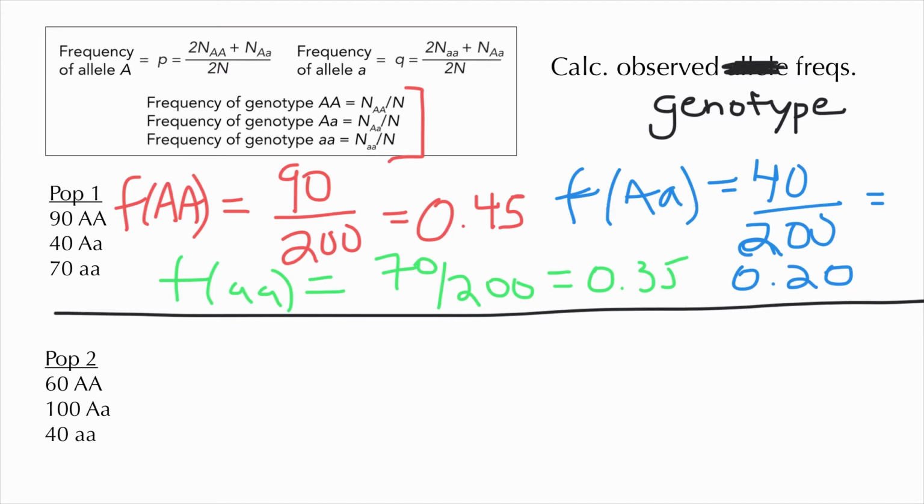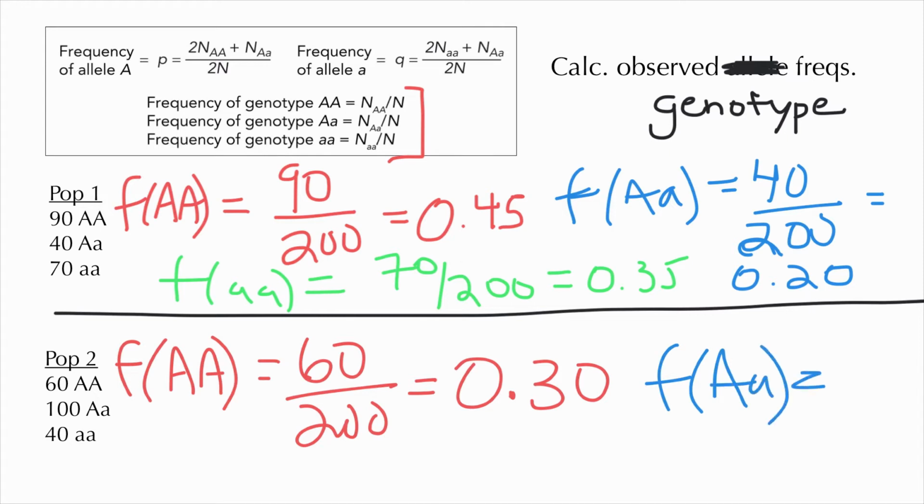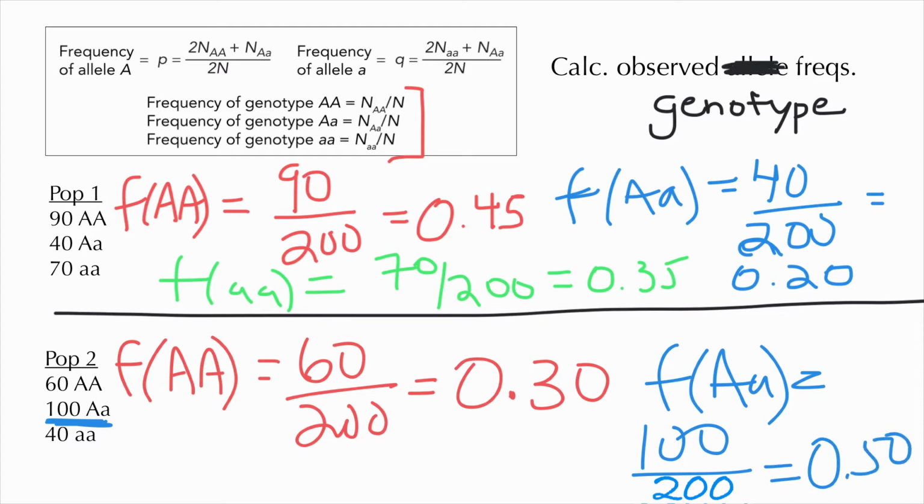Let's see the distribution in population number 2. So the frequency of the homozygous dominant is 60 out of 200, which gives us 0.30. The frequency of the heterozygote equals 100 out of 200. And you'll notice actually this population is heavy on the heterozygotes. That's 0.50.